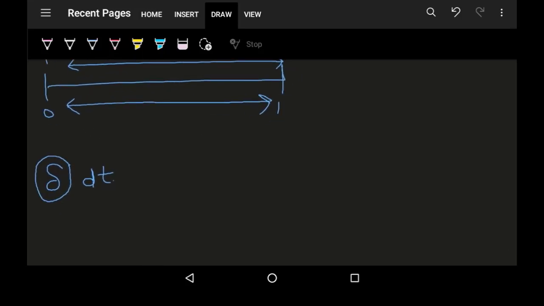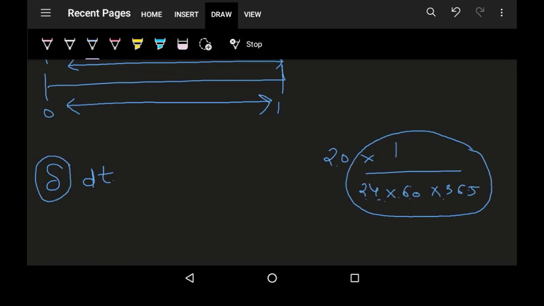So I can calculate that amount as 20 into 1 upon the total number of minutes in a year: 24 hours in one day into 60 gives the total minutes in a day, and divide it into 365. So you see this number is very small considering the whole time period of 1 year. So this is the concept of dt. Delta dt just gives us a very small amount that is being paid at time t.